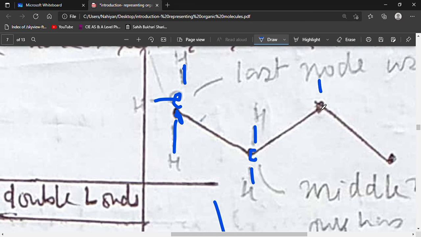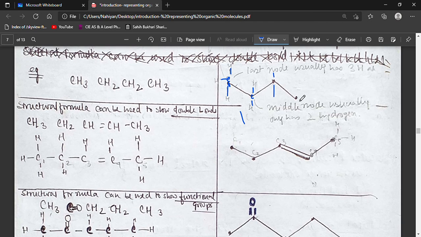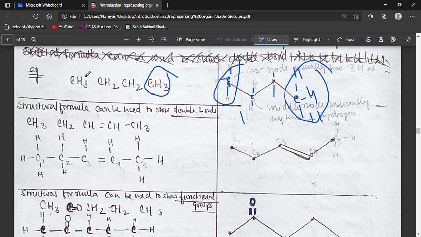The last carbon has one bond, so it can have three more bonds. So 1 2 3, H H H. So the last one is CH3. As we can see, it matches up with the structural formula CH3. At the beginning you also have CH3, and we have two more kinks, one here, one here. So we have two more carbons.